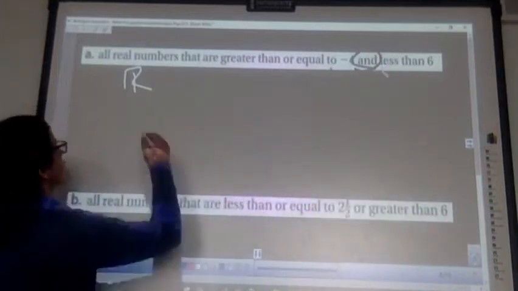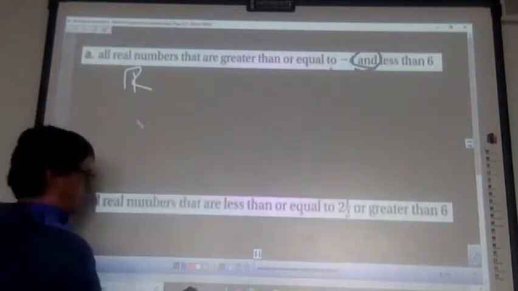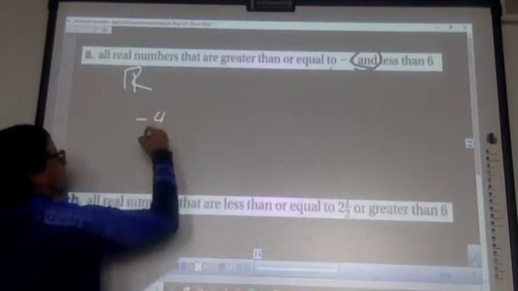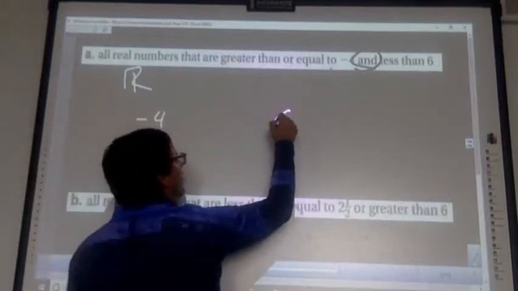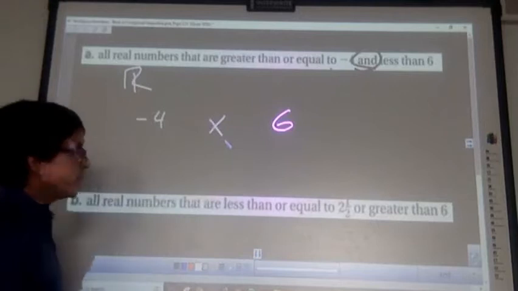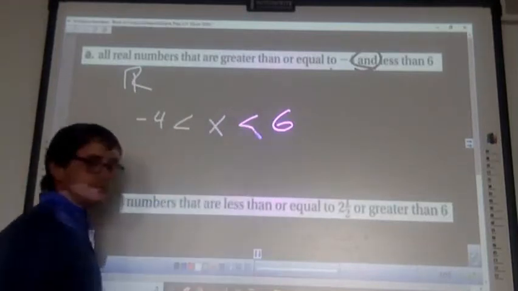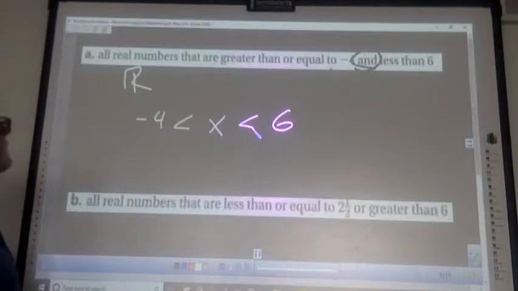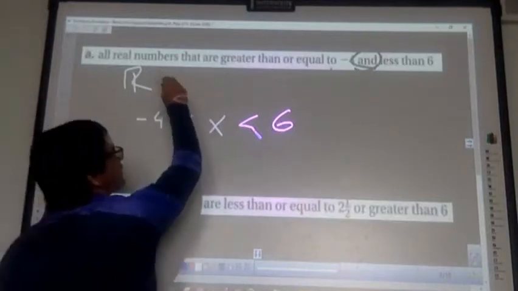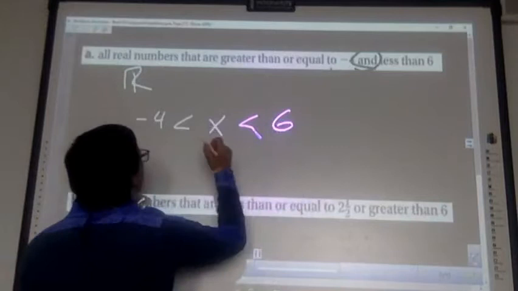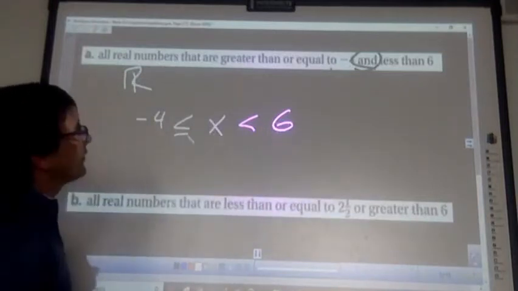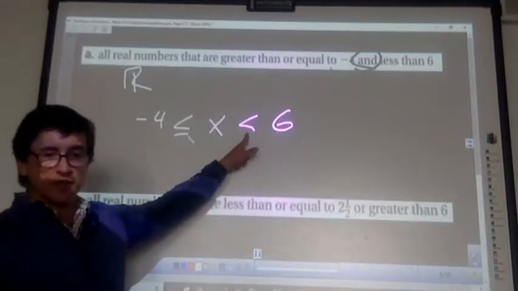That's how you know. So we go -4, small number on the left, big number on the right, x in the middle. I know it's going to be less than. I just don't know yet if it's equal to. So greater than or equal to -4 and less than 6. So we're good there.